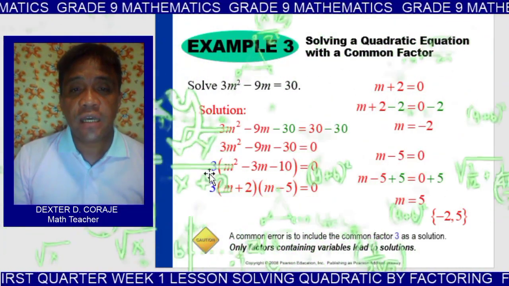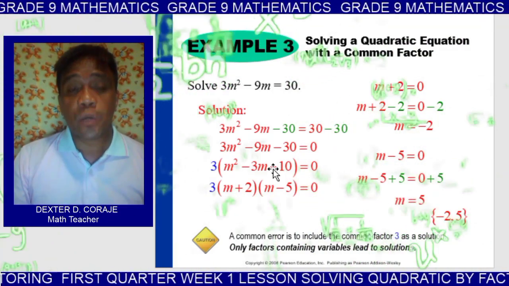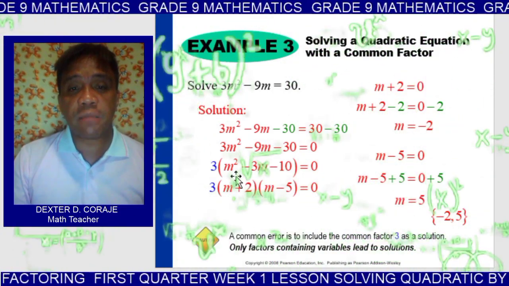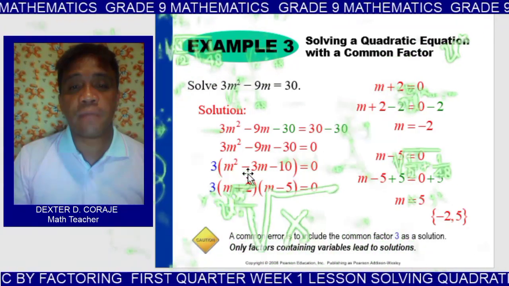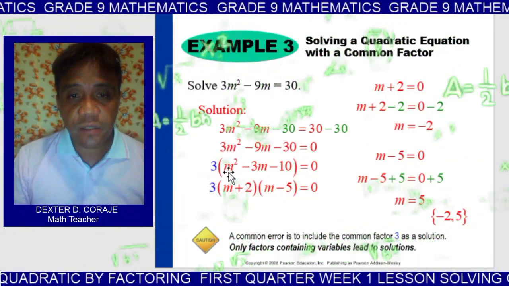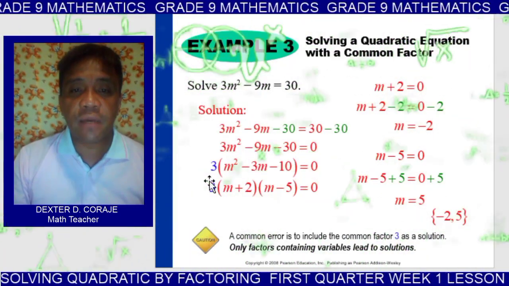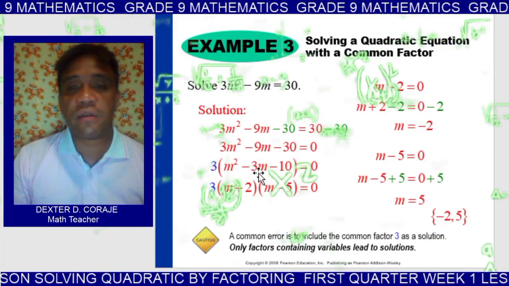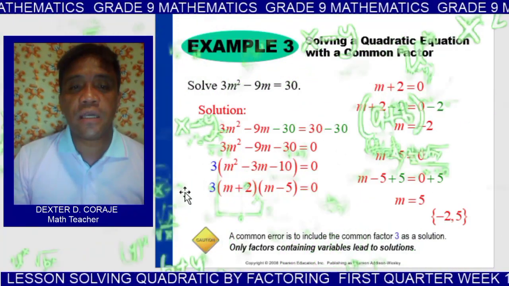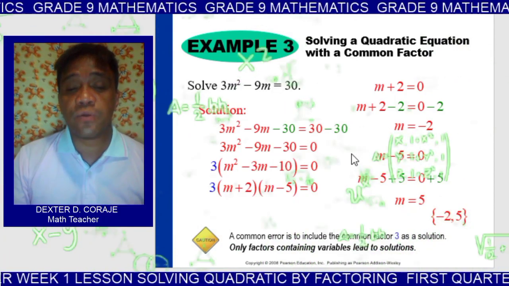So 3 times the quantity of m squared minus 3m minus 10, which is equal to 0. Why make it m squared minus 3m minus 10? Because 3m squared divided by 3 is m squared. Negative 9m divided by 3 is equal to negative 3m. Negative 30 divided by 3 is negative 10, which is equal to 0.